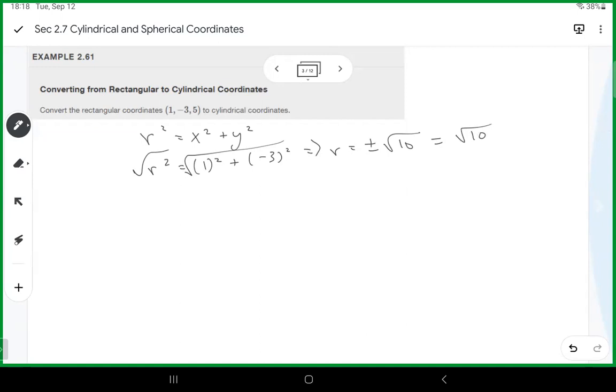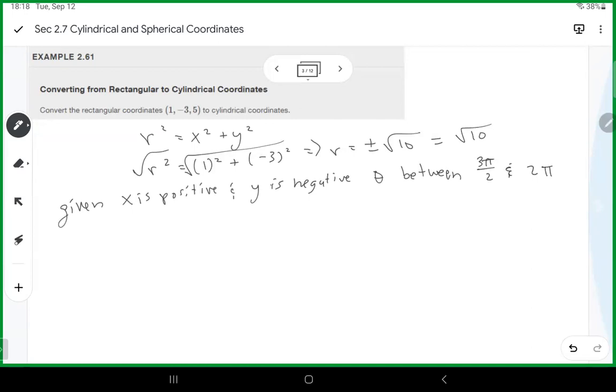Now we can apply the formula to find theta. In this case, y is negative and x is positive, which means we must select theta to be between... So given that x is positive and y is negative, then theta lies between 3 pi over 2 and 2 pi.